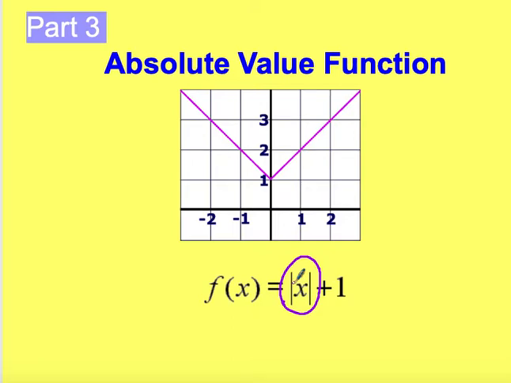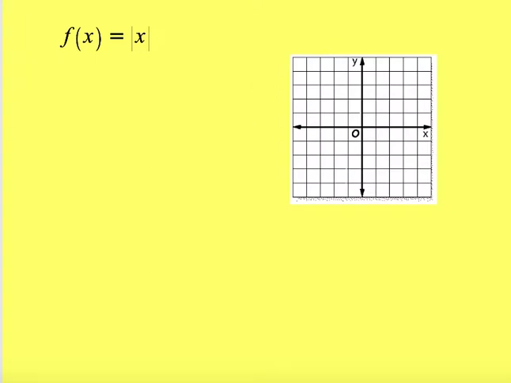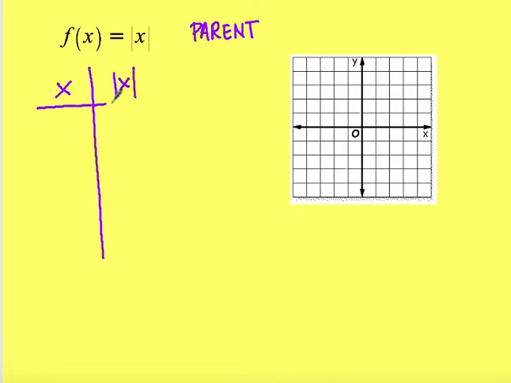So let's look at what the parent function to the absolute value looks like. When I talk about the parent function, that's the function that has no addition, subtraction, multiplication, or division in it. So our very basic function, or our parent function, is the absolute value of x. What I'm going to do is just plot some points, the old-fashioned way of graphing, and find where they end up.